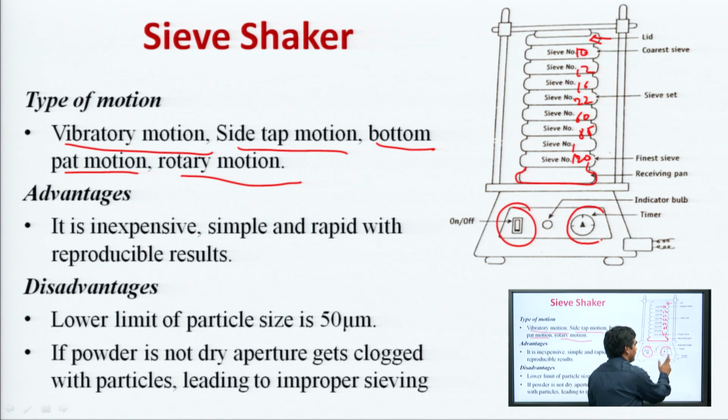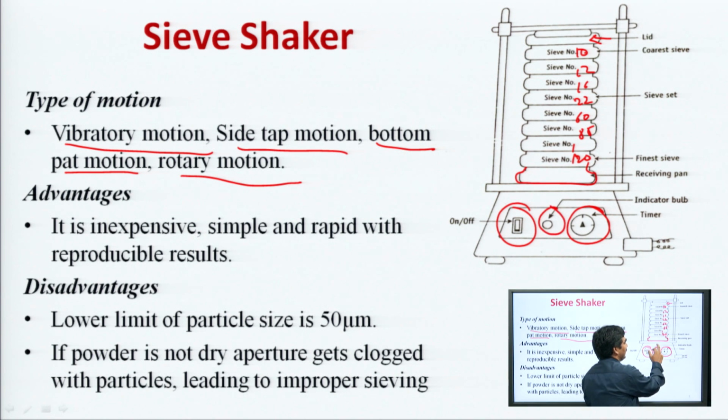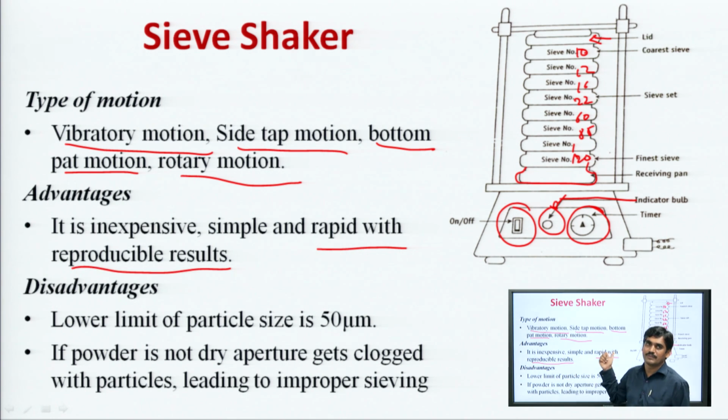This is the timer through which we can set the time for operation of this apparatus, and this is the indicator bulb. The advantages of this apparatus are that it is inexpensive, very simple, and we can get reproducible results by using it.